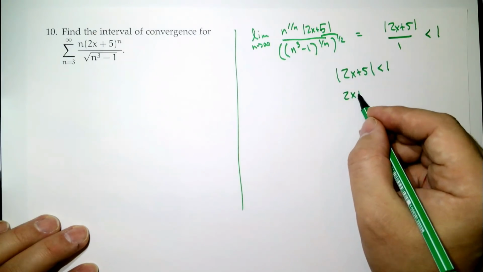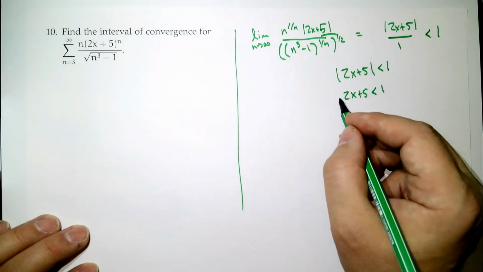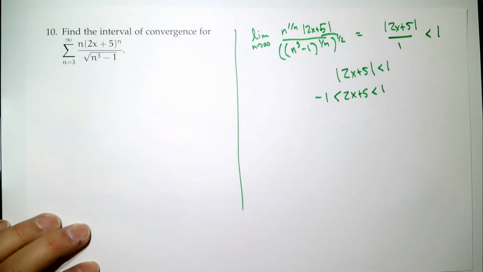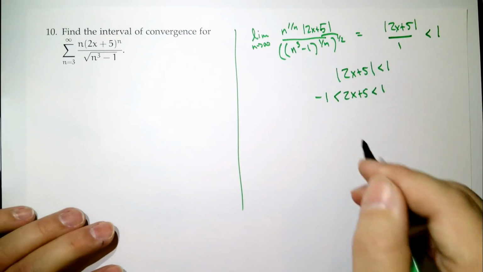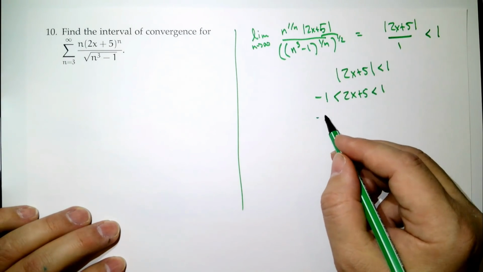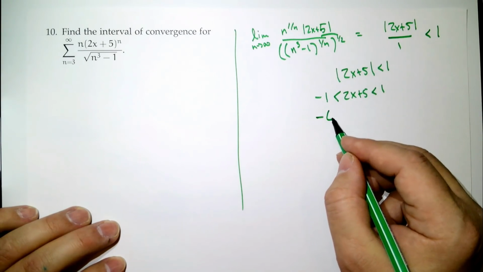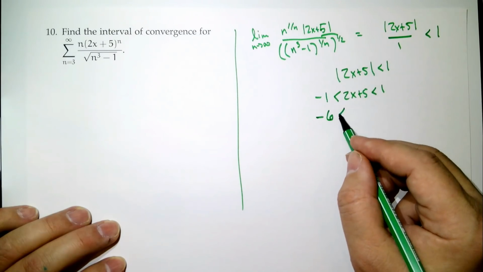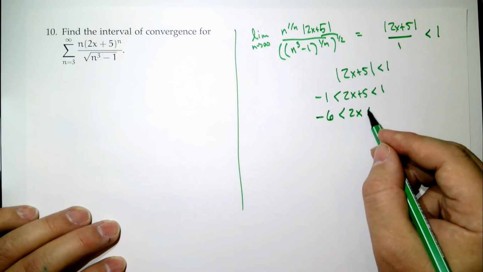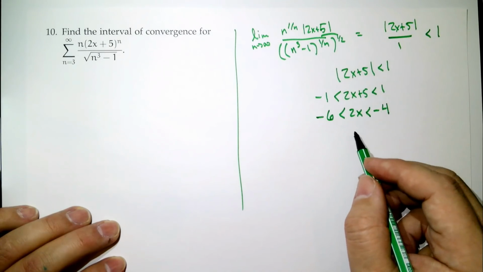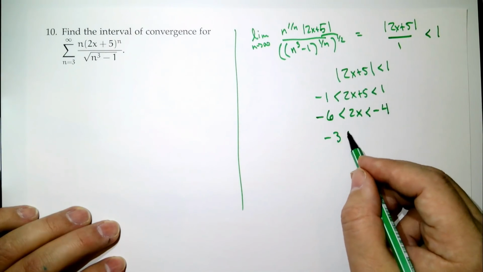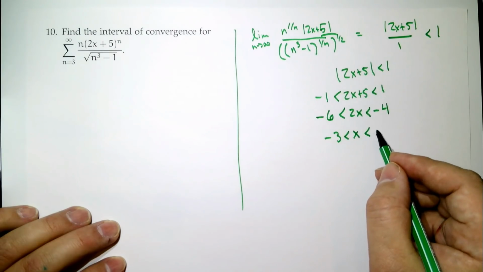So let's see. 2x plus 5 has to be between negative 1 and positive 1. I subtract 5 from both sides. So negative 6 is less than 2x is less than negative 4. Divide everything by 2. Negative 3 less than x less than negative 2.